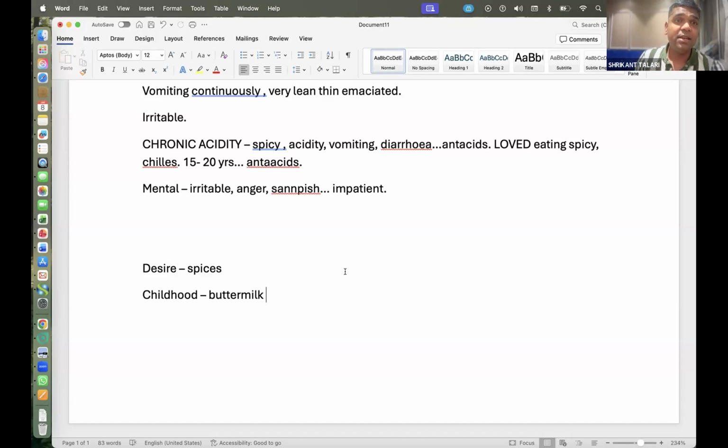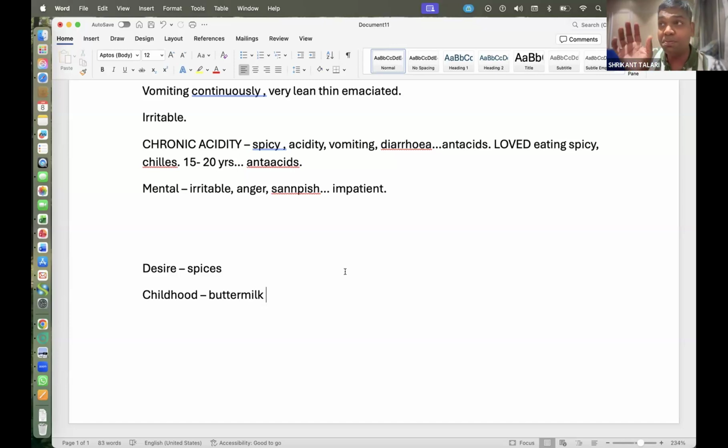So the point is, rather than getting stuck to a particular picture of a particular miasm, what I've learned is that we should pick up the genetic inherent symptoms that are there in the patient much before any disease began, and those symptoms are the predisposing symptoms.